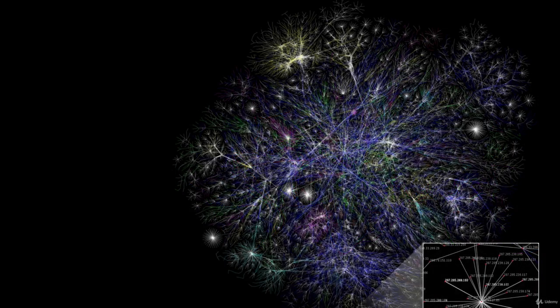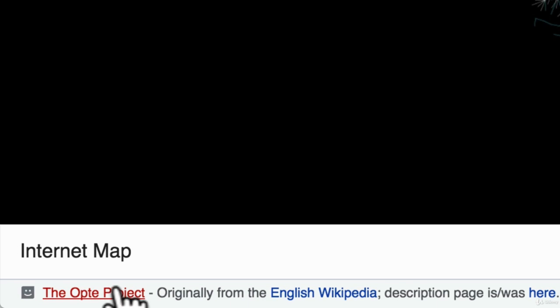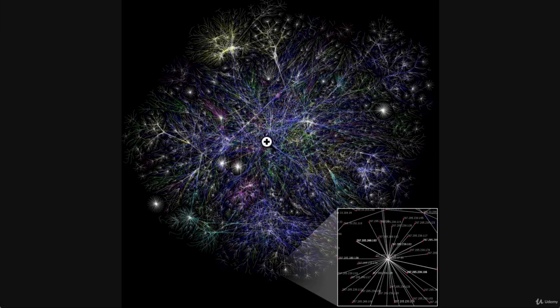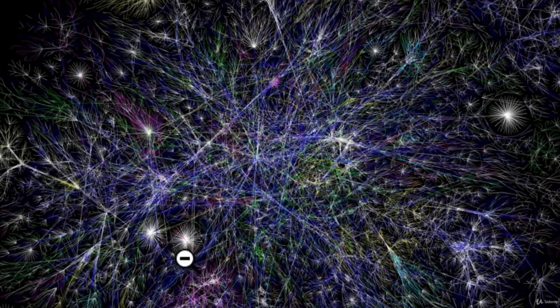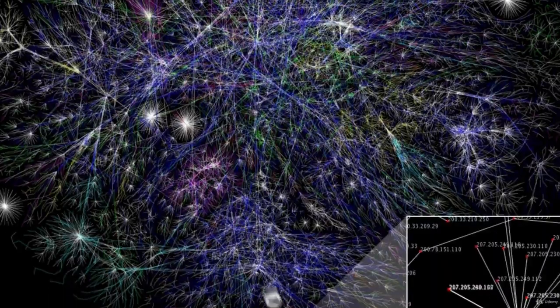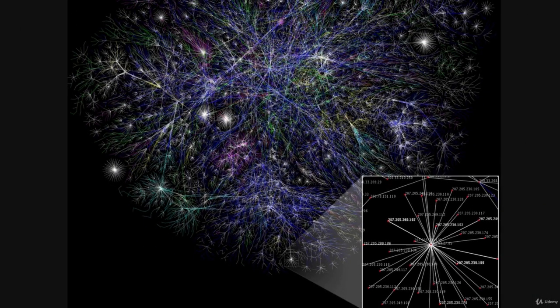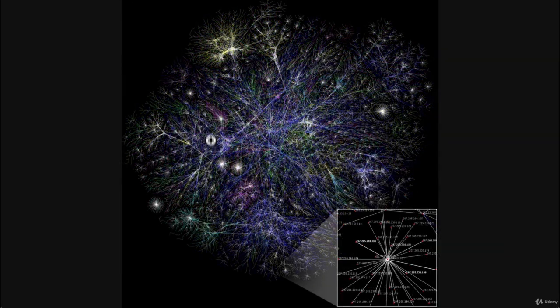And just to show you how insane this is, somebody from the Opte project, I got this off Wikipedia, mapped out, I believe in 2015, just 30% of the network. You can see that each one of these dots is an IP address, so a computer that is connected to another computer, that is connected to another computer. And that's the internet: all these connected computers just transferring files between each other.